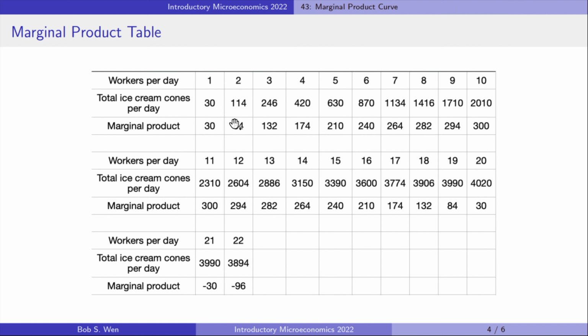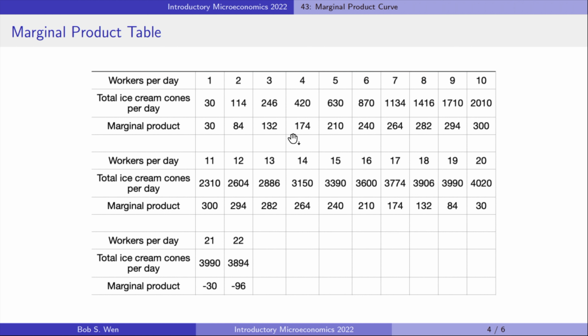The change in the total output is 84 ice cream cones, so the marginal product of labor at this point is 84 ice cream cones. As the firm employs the third worker, the firm produces a total of 246 ice cream cones per day, which is an increase of 132 ice cream cones. So the marginal product of labor at this point is 132 ice cream cones.